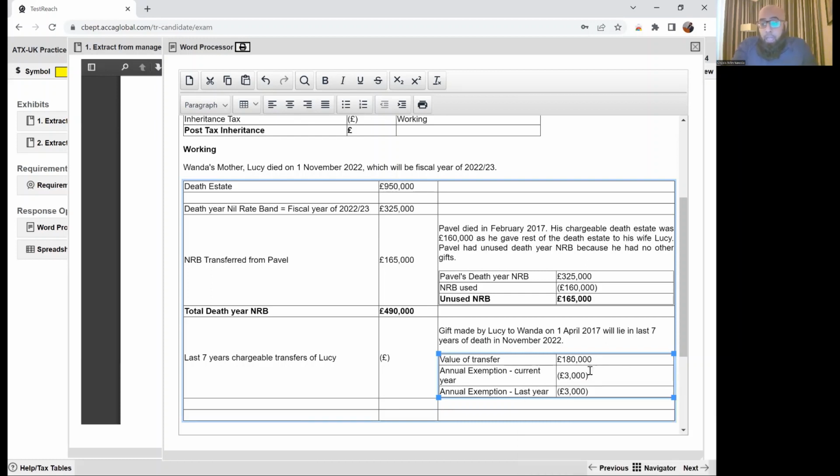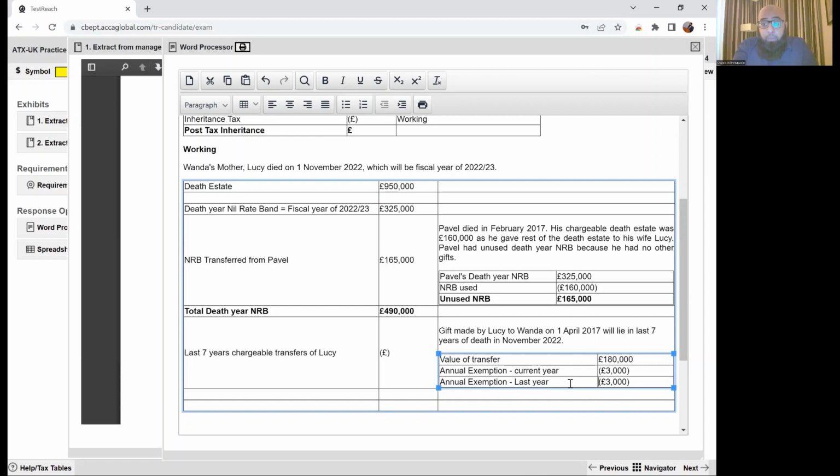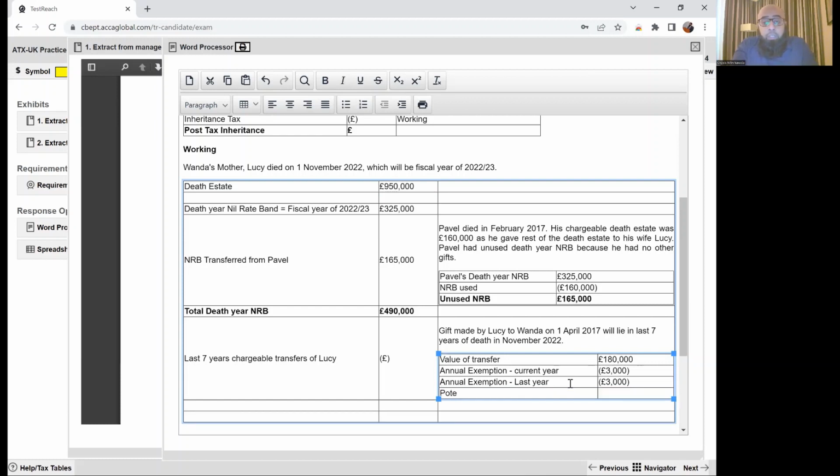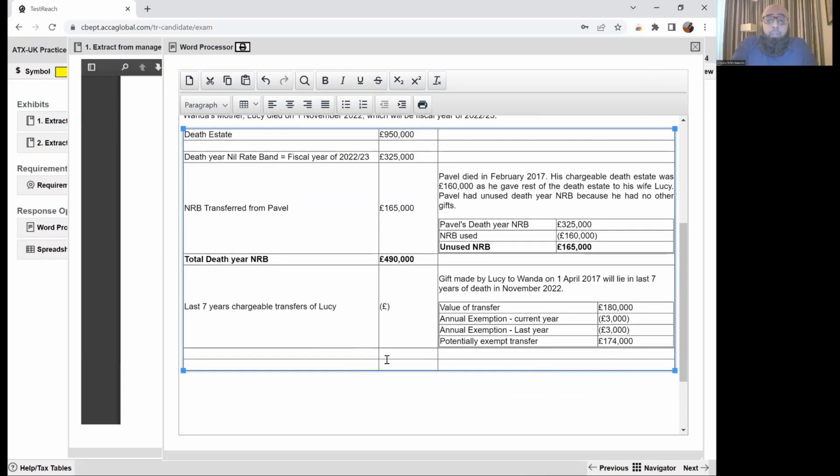Okay, I will repeat the things again. If anything gets confusing for you, there is nothing to worry about. Potentially exempt transfer, so this will be 174,000. Since it lies in the last 7 years of death, obviously this will be chargeable.